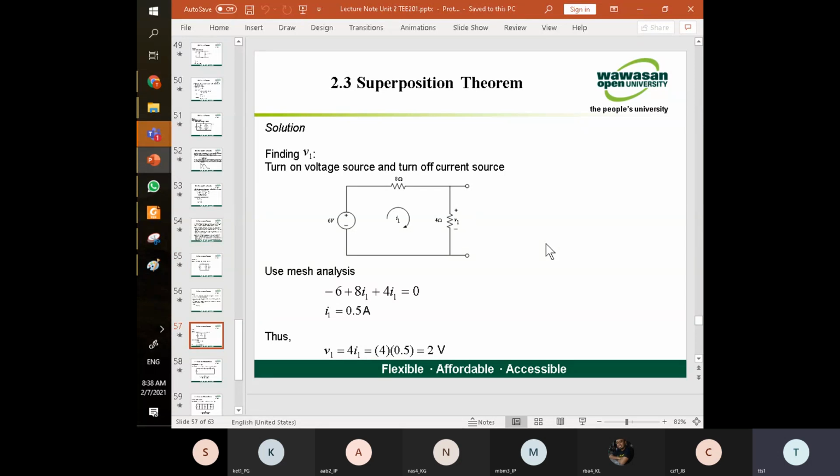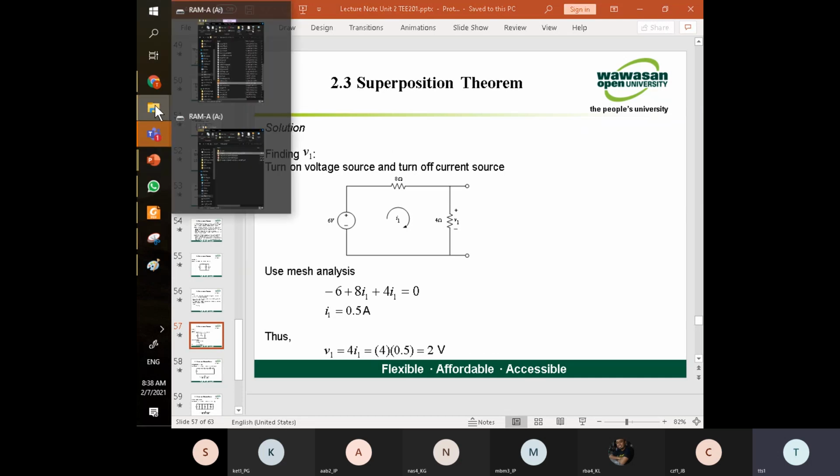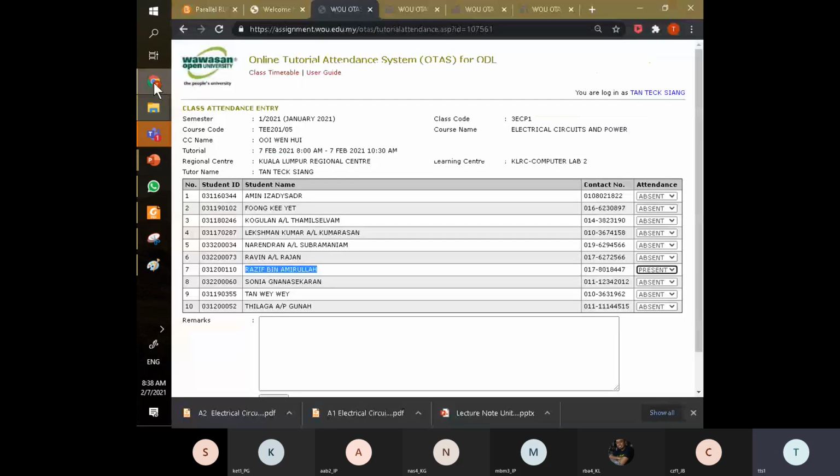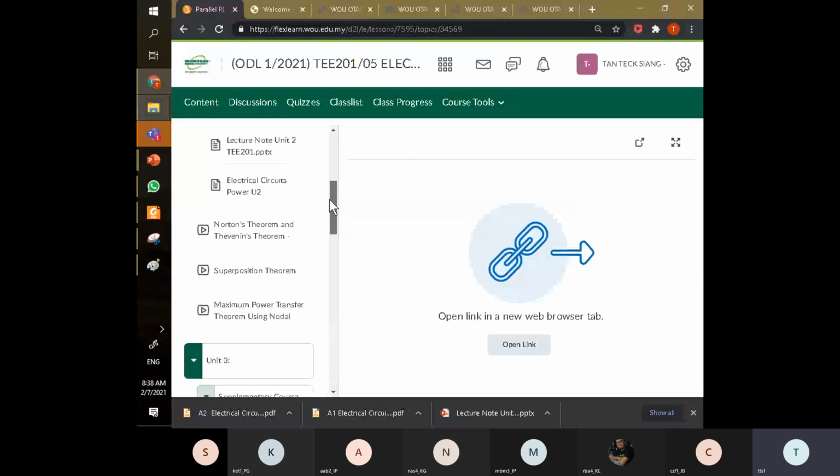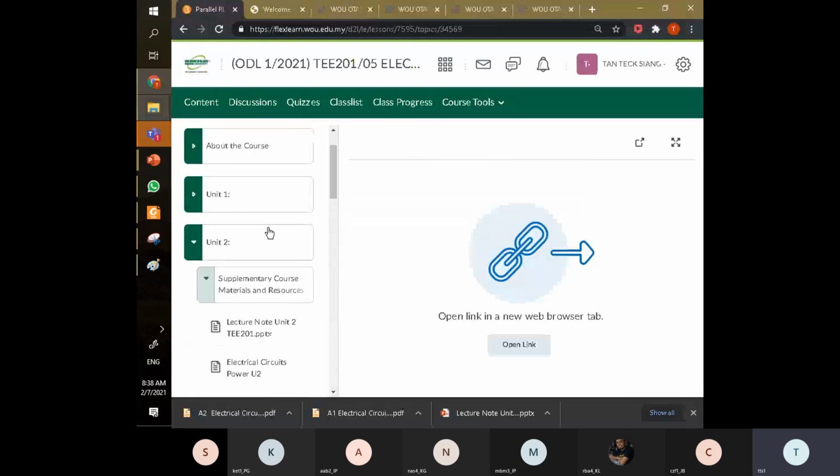I think the best thing for you to do is to read through the notes here. Some students also don't know where to get the notes. The notes for this unit 2, you need to come to this FACTS Learn here.